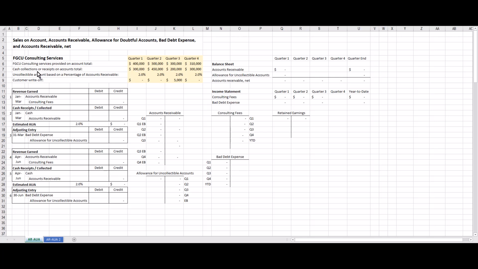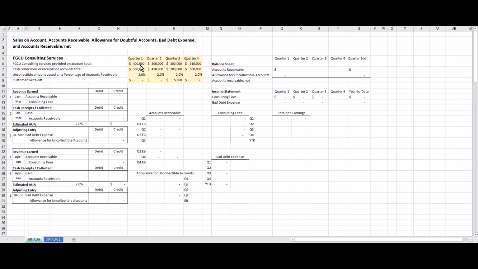Because the revenue recognition principle states that we record revenue when services have been provided and earned, and not when cash is received, the revenue for the first quarter is $400,000.